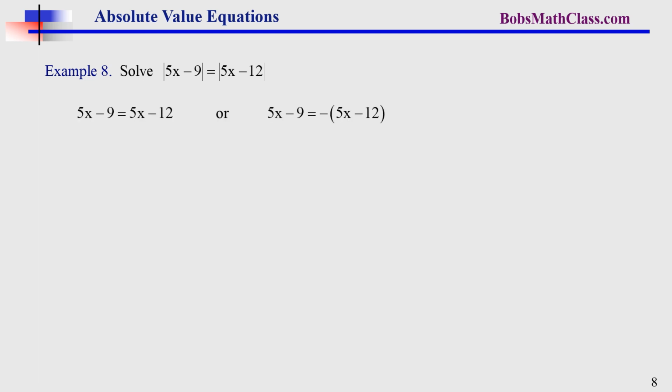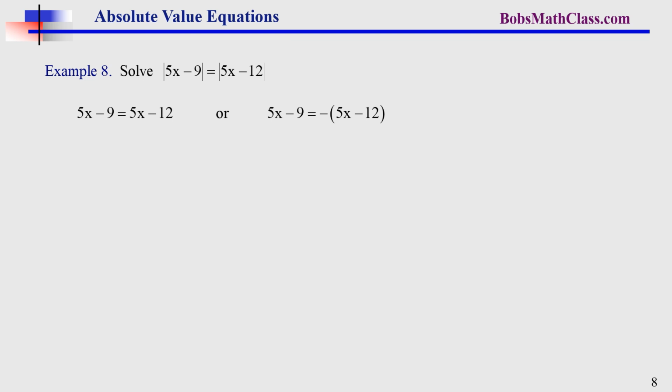Okay, let's do it. First equation, 5x minus 9 equals 5x minus 12. First equation, exactly the same, don't change anything, only remove the absolute values. On our second equation, almost the same, we just have to insert a negative in front of the right-hand side.